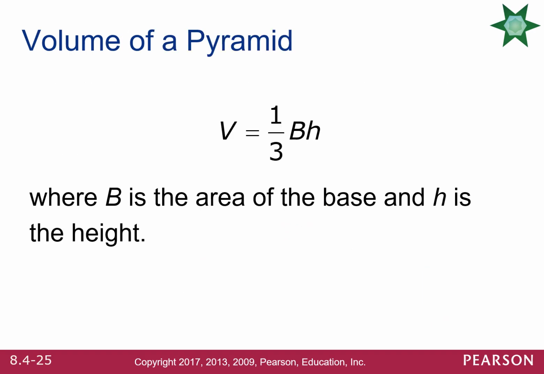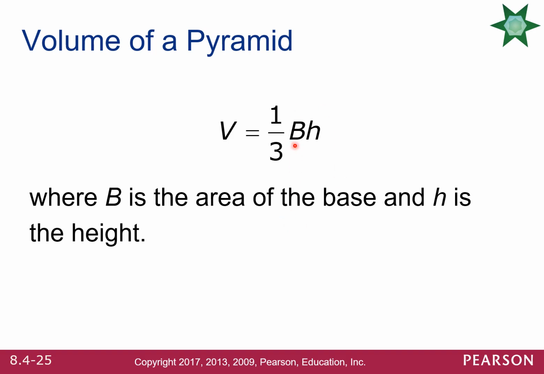Now the volume of a pyramid is given by the formula 1/3 times uppercase B multiplied by H. And what does the uppercase B imply? It means not just the length of the base, but the area of the entire base. Again, remember we are working with three-dimensional figures which have multiple surfaces.